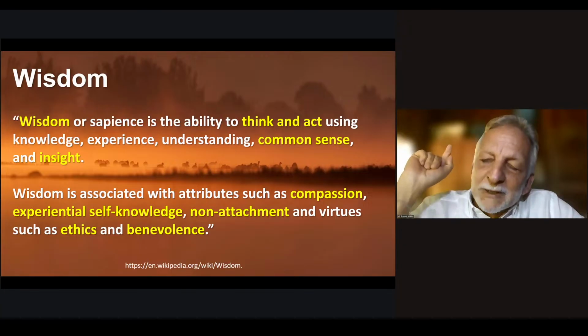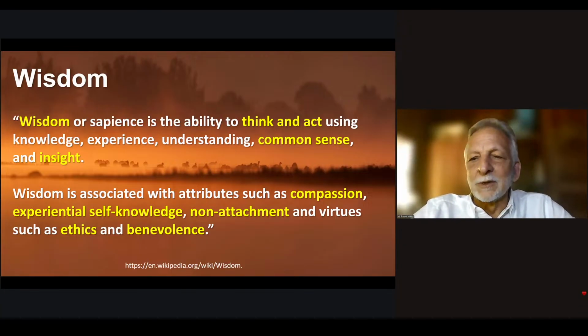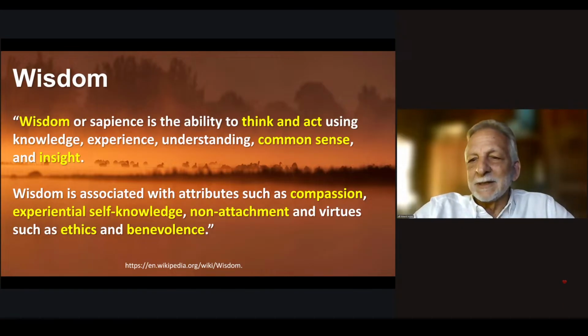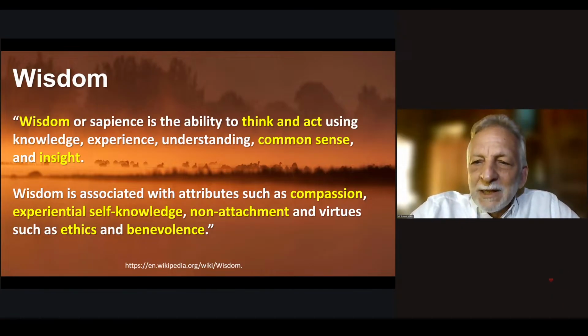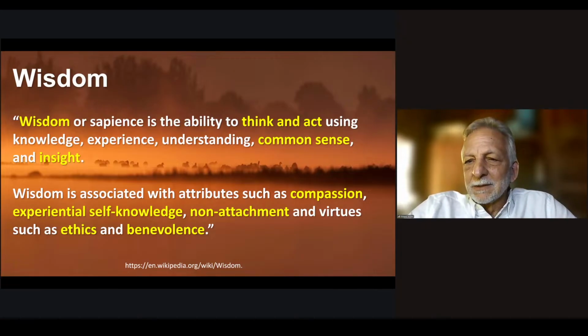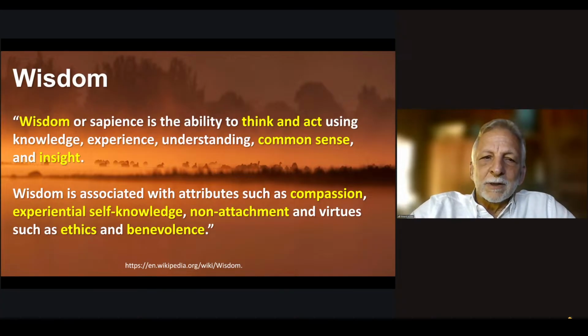It's not the result of a statistical analysis that will give us the answers. It's insight. It's experiential self-knowledge. It's ethics. It's benevolence. It's non-attachment. This is what we need. We don't need another billion peer-reviewed journals that you have to pay $30 to read. We need to shift our work.